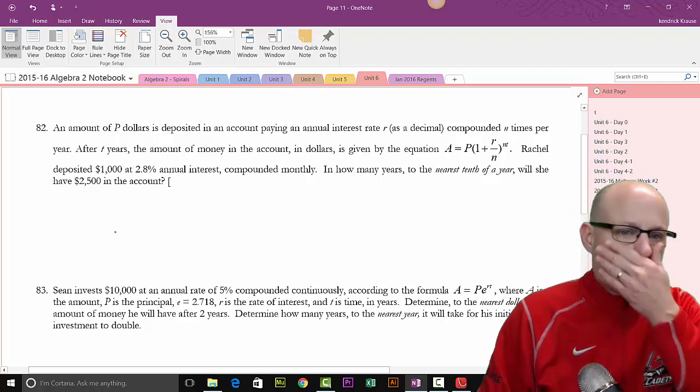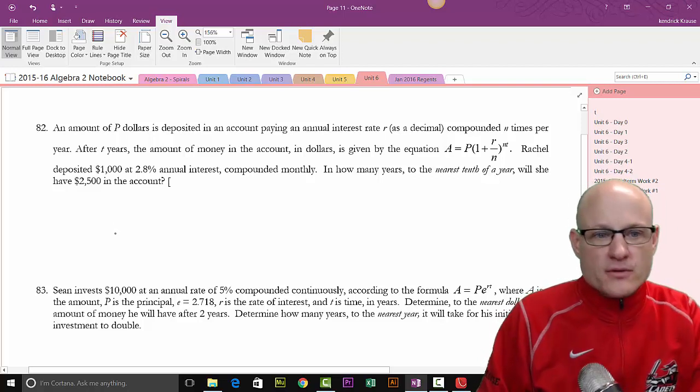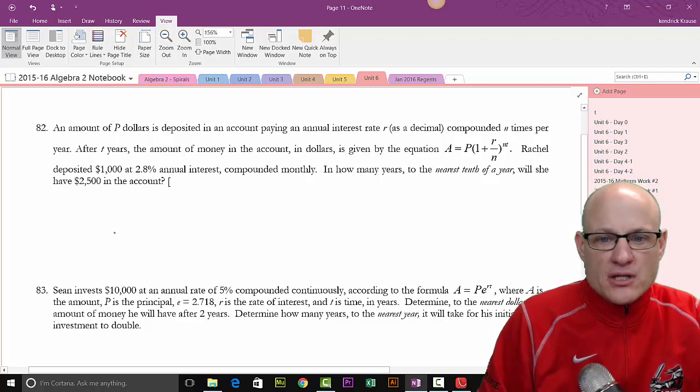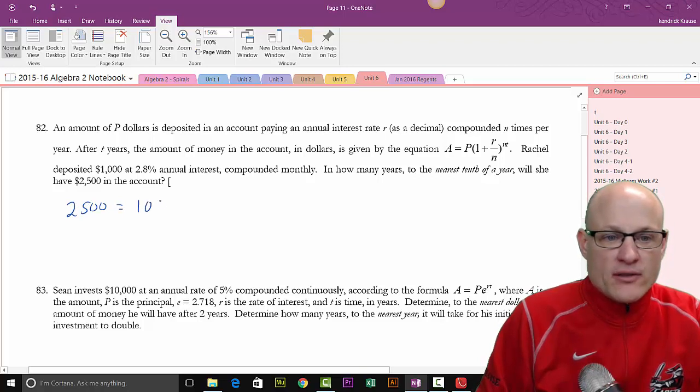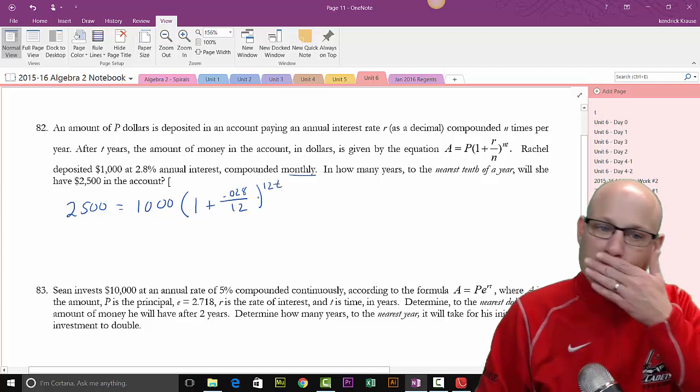So how many years will she have 2,500? So we're going to go with 2,500. All right, we're doing these fast, kids. 1,000 times 1 plus 0.028 over n, compounded monthly, so n equals 12, to the 12t.